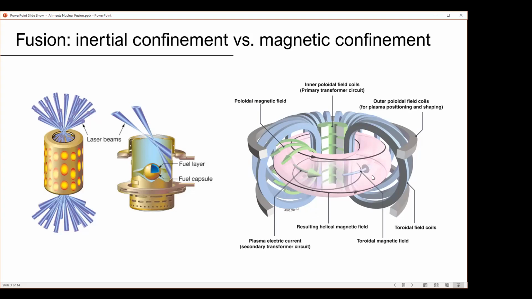So this is just an example because there are a lot of variants around this same approach. So there are machines called stellarators, which have the coils that create the magnetic field, the coils twisted. So the twisting of the magnetic field comes from the coils themselves.